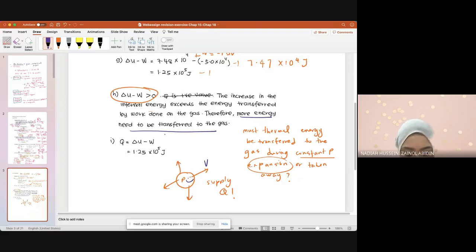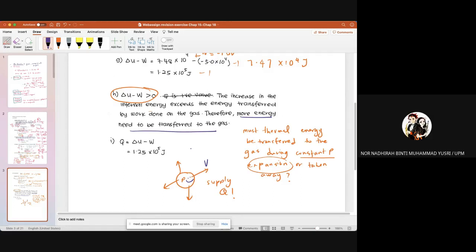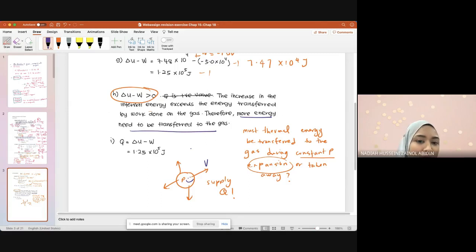Okay, I punya soalan, compute Q, the thermal energy transfer. So it's asking about Q, right? So we know that secara logik Q kita kena tambah because we want to keep the pressure constant. So we are assuming or kita predicting that Q should be a positive value, okay?